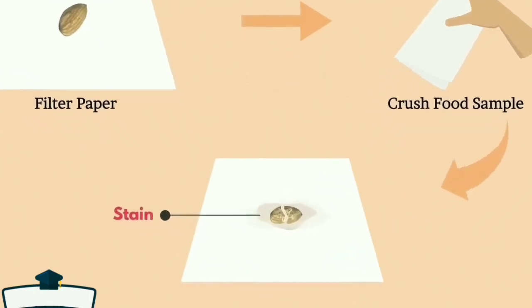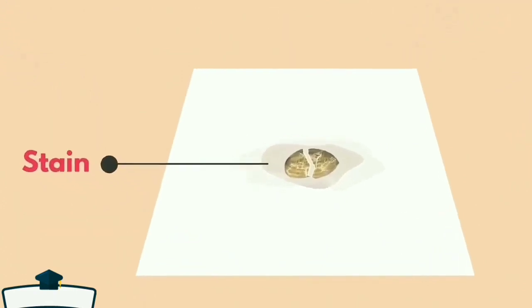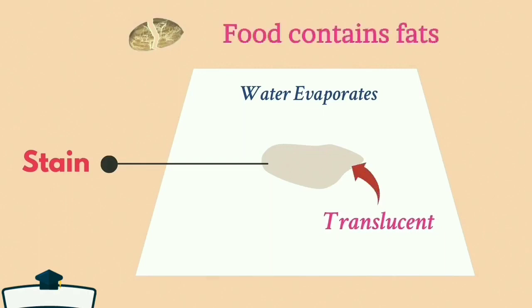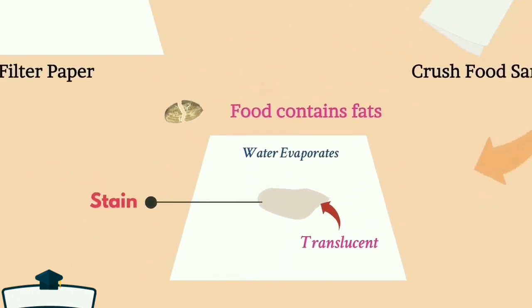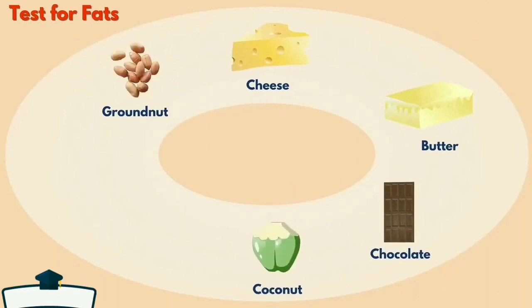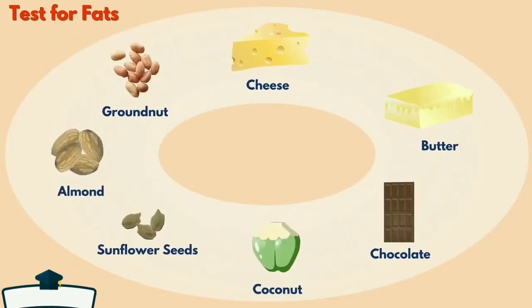You will see a stain on the paper. Let the paper dry for a few minutes, so that if the food sample contains water, it will evaporate. Now observe the stain. If the stain is translucent, then the food contains fat. Normally, you will see that groundnut, cheese, butter, chocolate, coconut, sunflower seed and almonds contain fats.